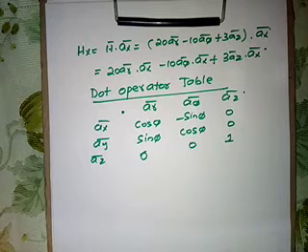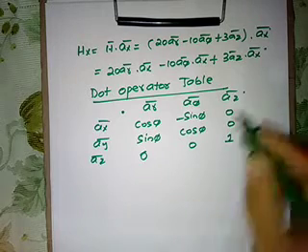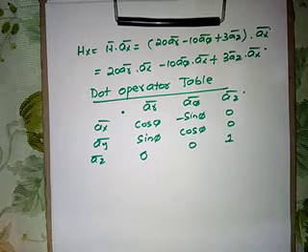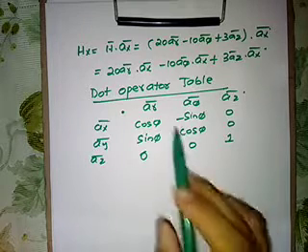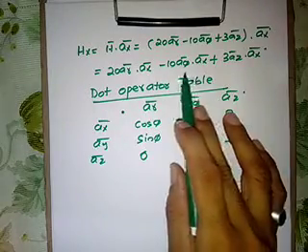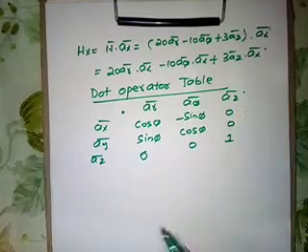We know that the dot product of a unit vector with itself is unity. So this is called the dot operator table. Using this table, we have to find ar bar dot ax bar, a phi bar dot ax bar, and az bar dot ax bar.